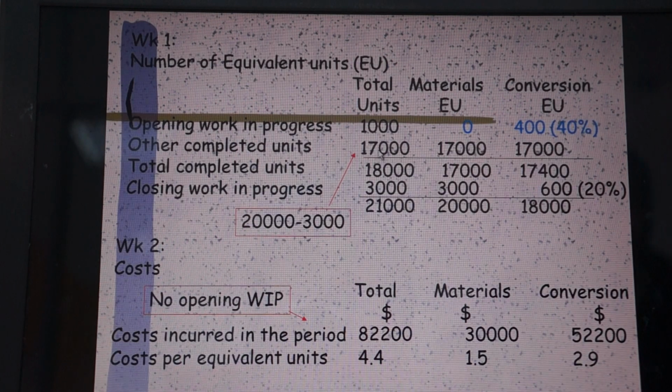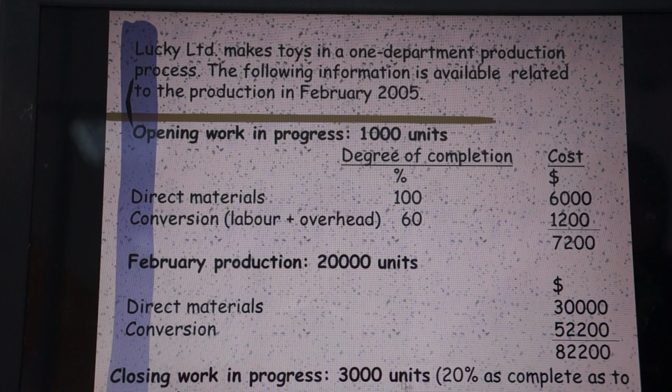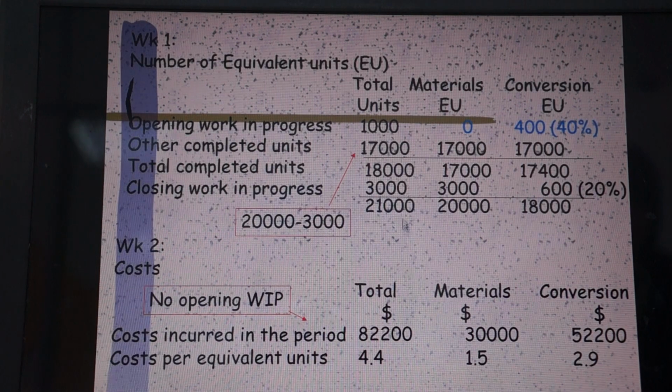So 20,000 unit minus 3,000. Why we need to minus 3,000? Because closing work in progress have 3,000 unit. Okay, maksudnya 3,000 tak siap. So yang betul-betul siap adalah 17,000.